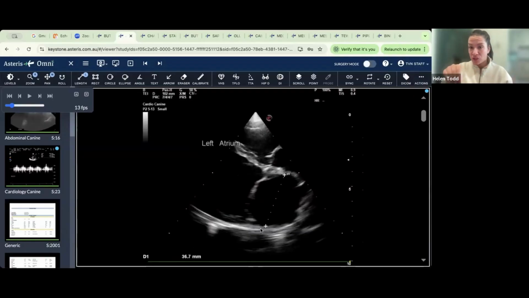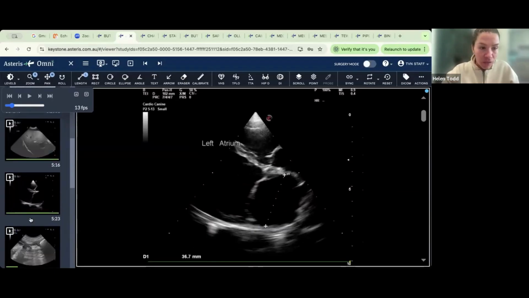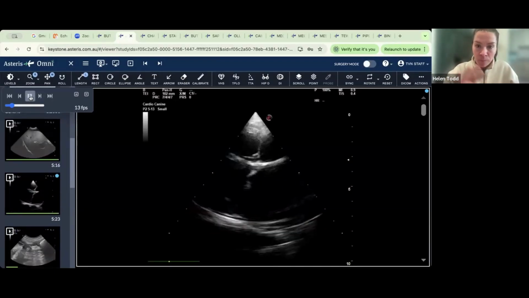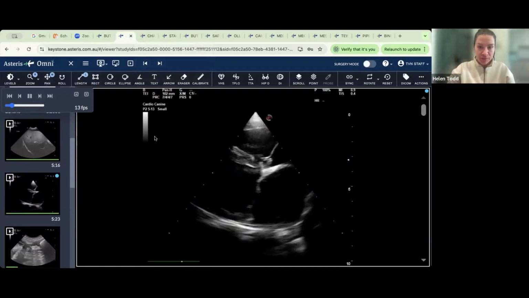That's why we normalize it in dogs to their aortic root with the LA:Ao ratio, because their body weight size is so variable. Like I mentioned, because there's less variation in cats, we just say less than 20 millimeters, low risk of congestive failure, low risk of thromboembolic event, even if they do have preclinical cardiomyopathy. So from this view, we've got a nice bit of information.